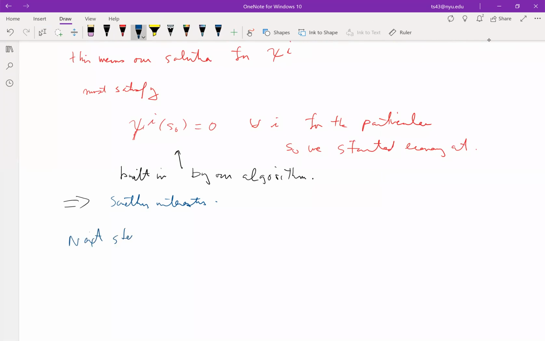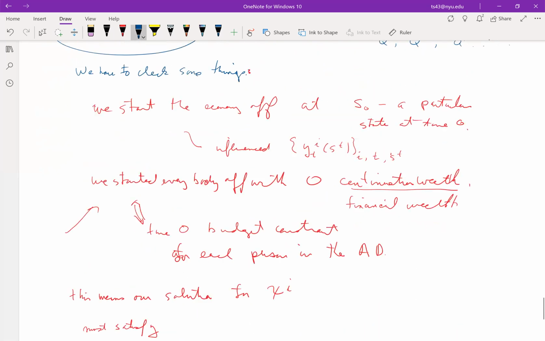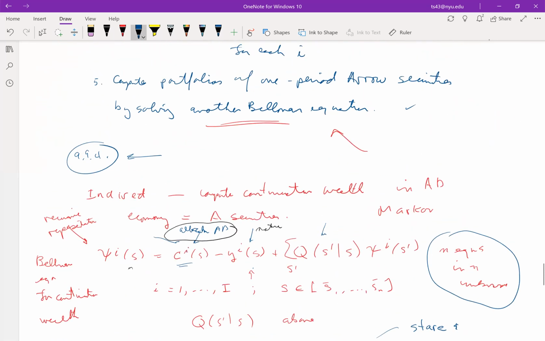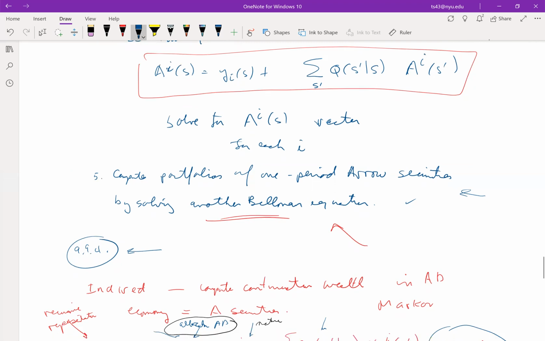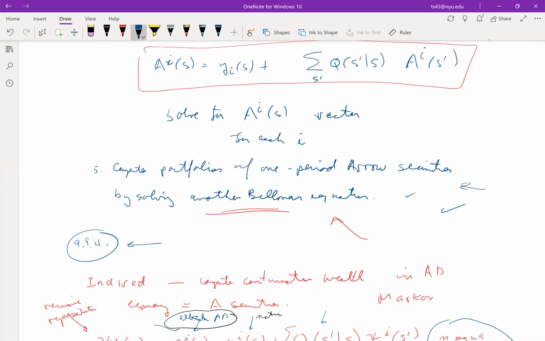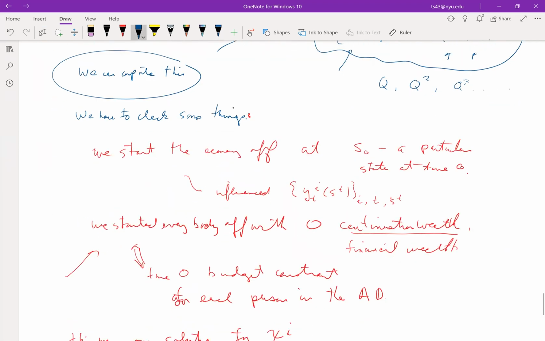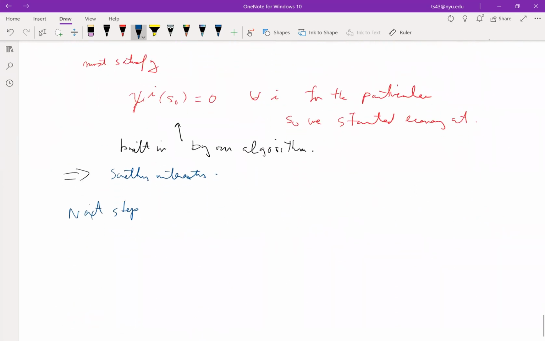This is the final step of our algorithm: compute the portfolios of one period Arrow securities by solving another Bellman equation. Well, we've actually done that, because here's what I claim the portfolio step is.